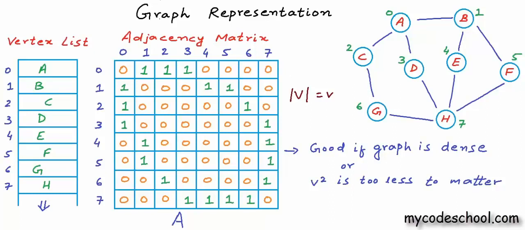A web page would have links to only a few other web pages. So the graph would be sparse. Most real-world graphs would be sparse, and adjacency matrix, even though it's giving us good running time for most frequently performed operations, would not be a good fit because it's not very efficient in terms of space.